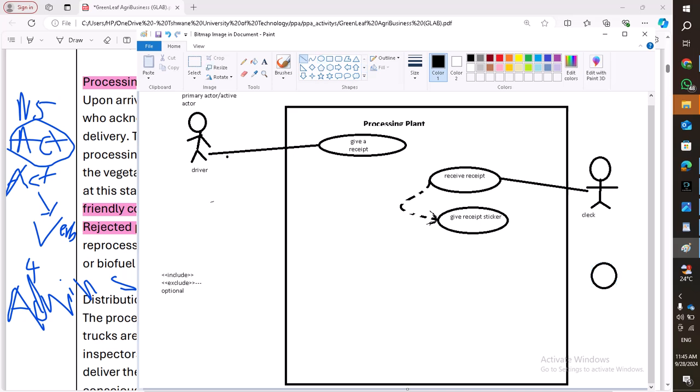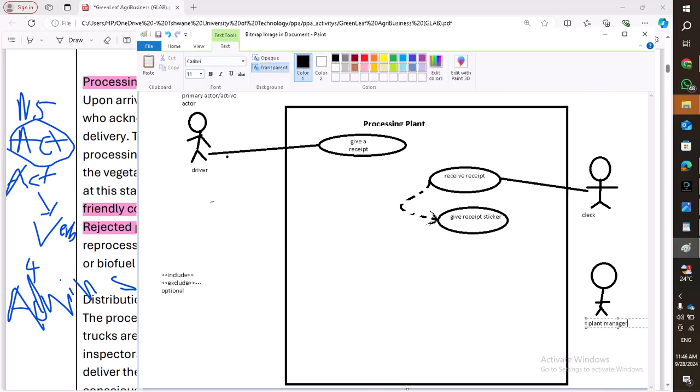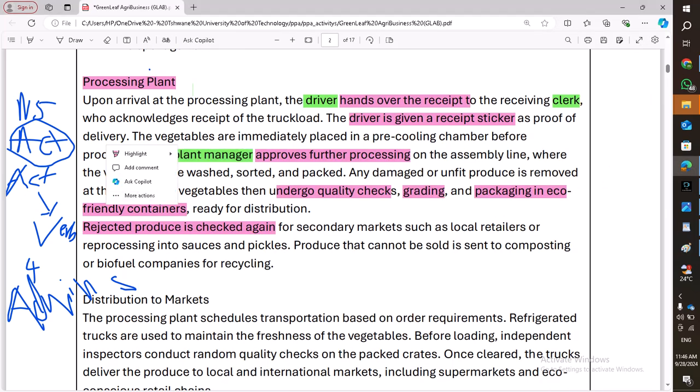So I'm going to do it like this. Also we will put here our plant manager. What does the plant manager do? The plant manager will approve for further processing.